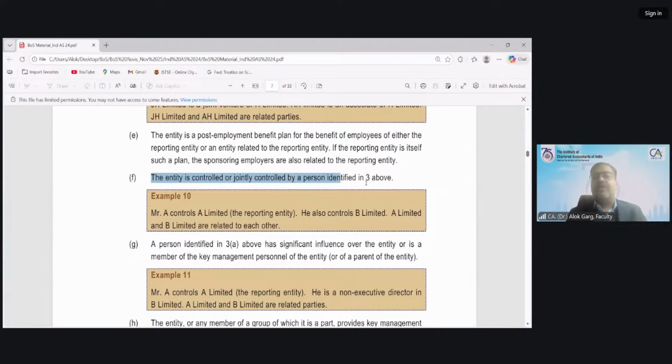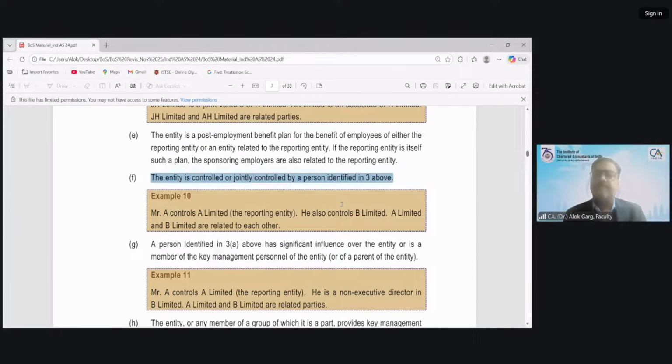The entity is controlled or jointly controlled by a person identified in three above. Three above means that person, or a close member of that person's family, will become a related party if that person is controlling, jointly controlling, or having significant influence over the entity, or that person is a KMP of that entity, or parent, or KMP of the parent of that entity, right?